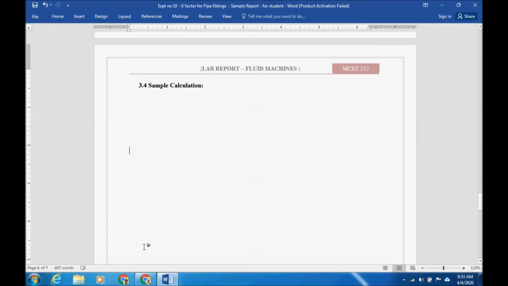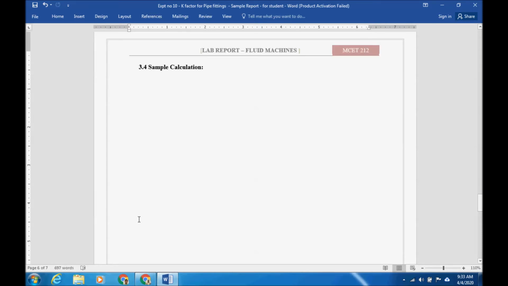Next step, K factor for pipe fitting, K factor for elbow, for gate valve. So K is equal to HW 2G by V1 square or V square. So we can find the K factor, and the last step is Reynolds number. If it is given as mass flow rate, you can find mass flow rate also.